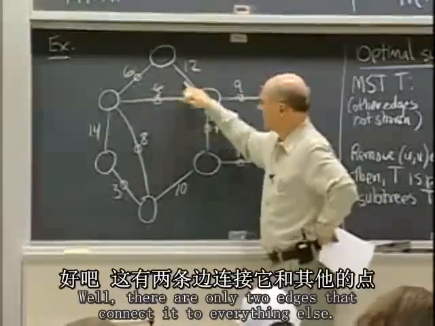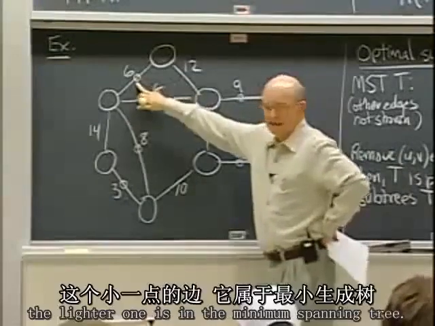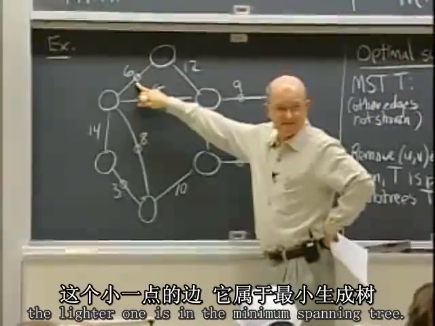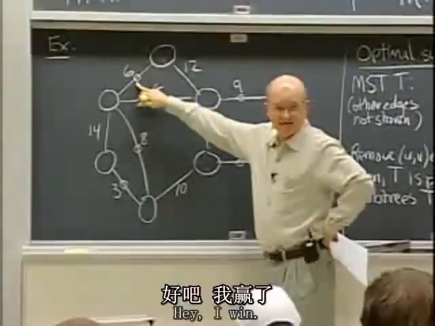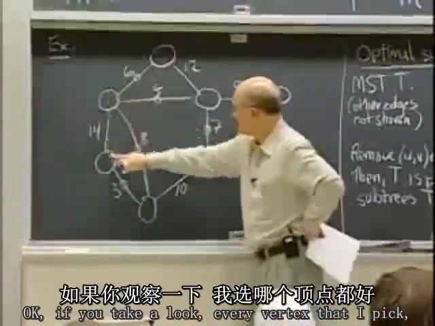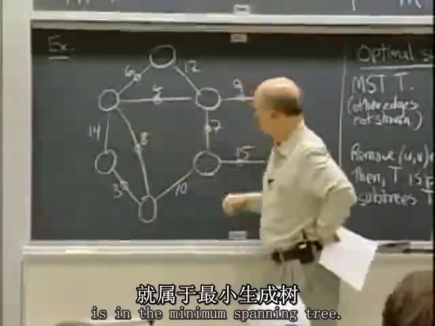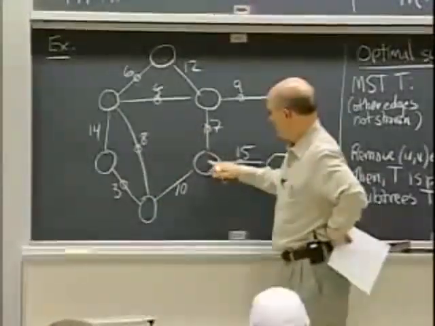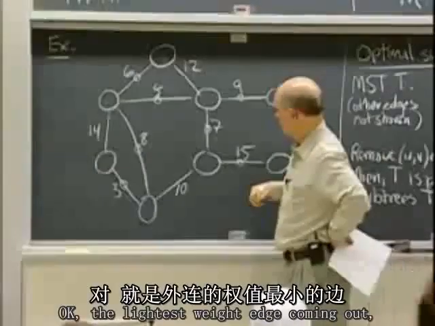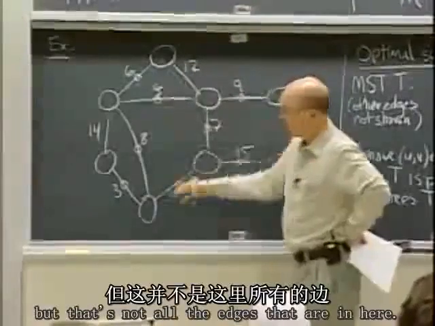Well, there are only two edges that connect it to everything else, and the theorem says that the lighter one is in the minimum spanning tree. Hey, I win. And if you take a look, for every vertex that I pick, the lightest edge coming out of that vertex is in the minimum spanning tree. But that's not all the edges that are in here.